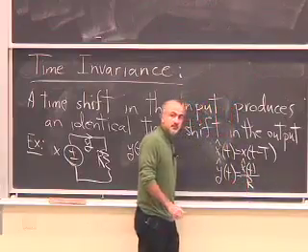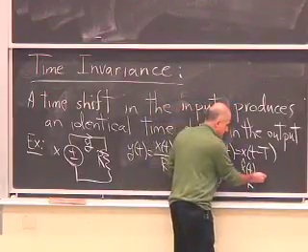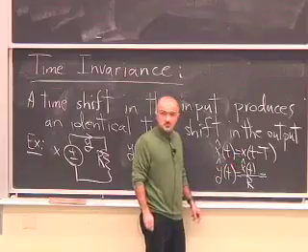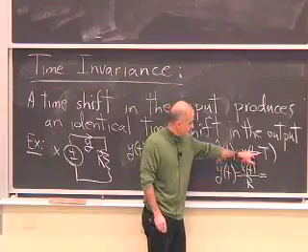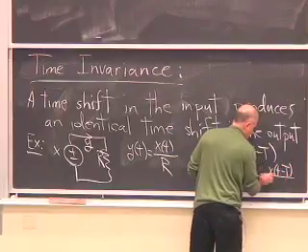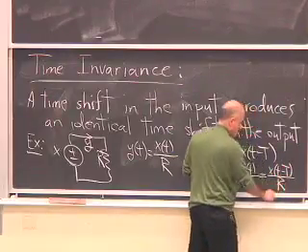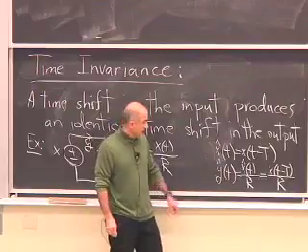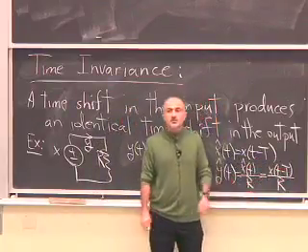Okay? Now, we plug in the relationship between X hat and X. X hat of t is X of t minus capital T, divided by R. How is this related to Y of t?